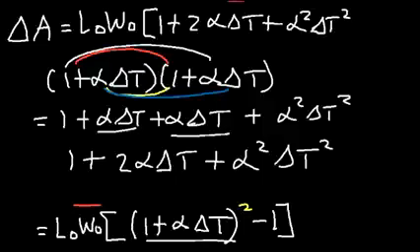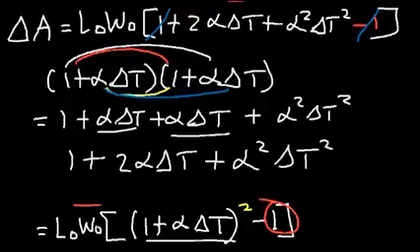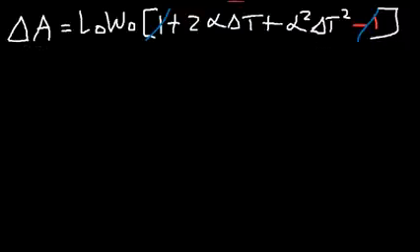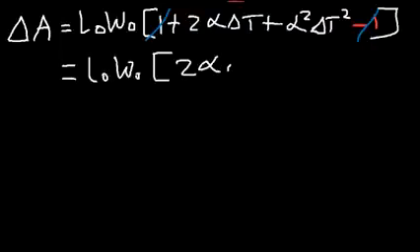And now let's not forget about this one that we have here, so minus 1. Now we can cancel these two, and so we have the equation that we had before. So that's L0 W0 times 2 alpha delta T plus alpha squared delta T squared.